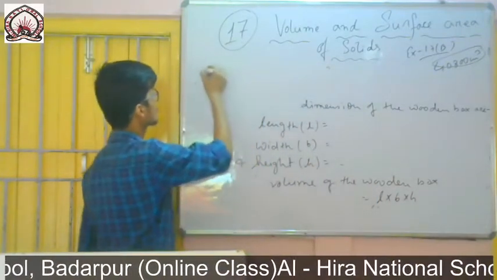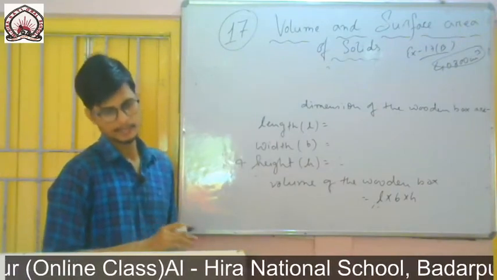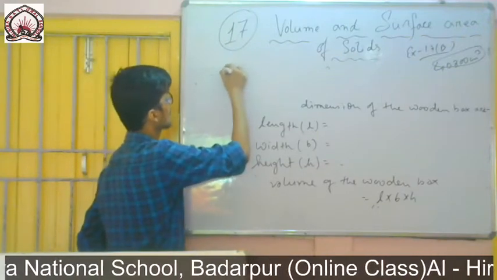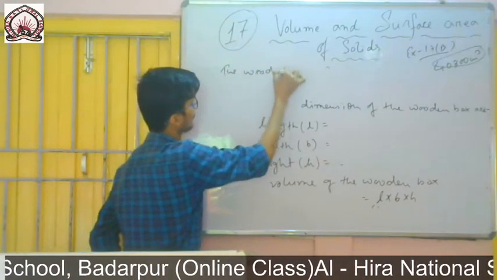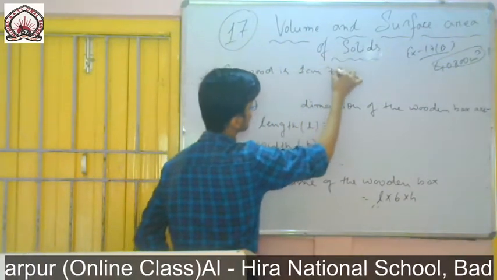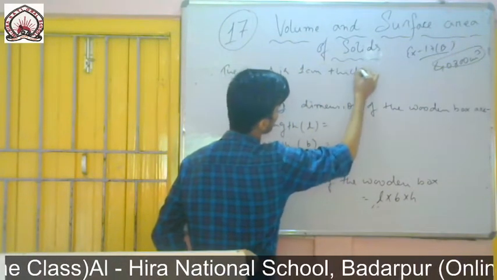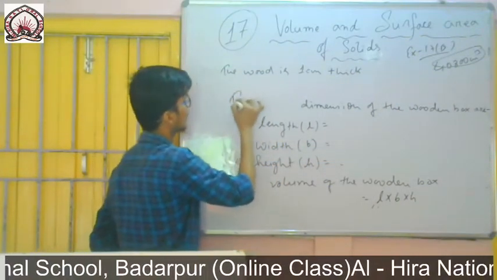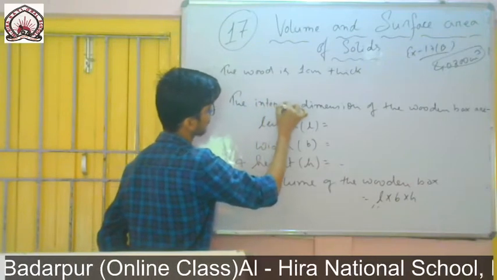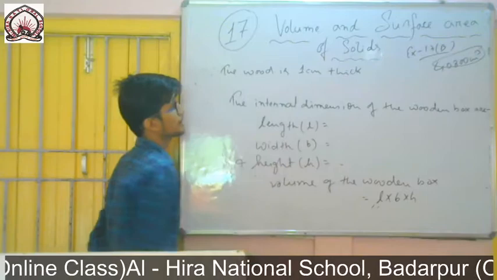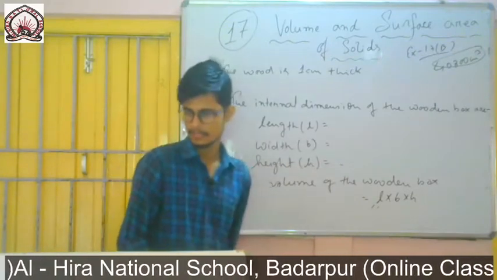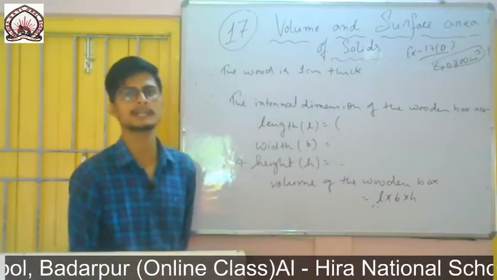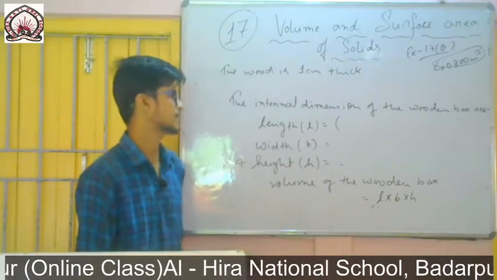Now since it is given that the wood is 1 centimeter thick, therefore the internal dimension of the wooden box will be, as I have said earlier, that simply you have to subtract the double of the thickness.